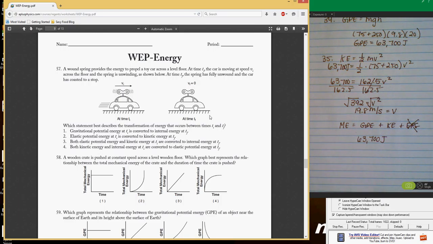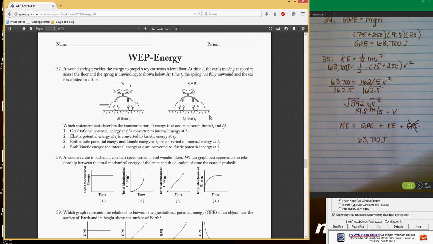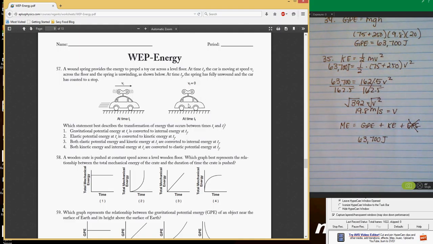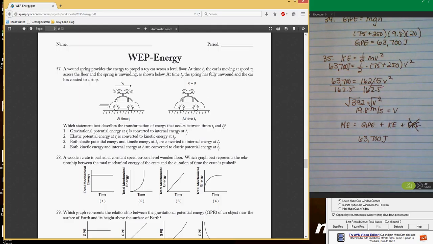Don't get that too confused. If an object exists, it has internal energy because it has energy itself. If it's moving and it also is existing, then it has more internal energy. But once it stops, there is no more kinetic, there is no more potential energy, which means it's totally internal energy. So that would be the correct statement.